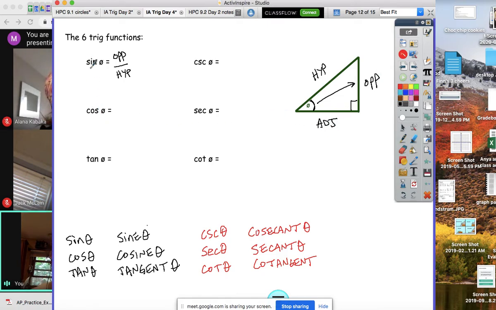So sine is the ratio, the relationship between the opposite side and the hypotenuse. And then cosine of theta is the relationship between the adjacent side and the hypotenuse. And then tangent is the relationship between the opposite side and the adjacent side.